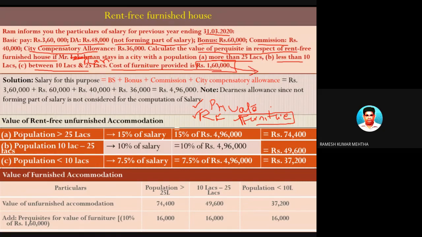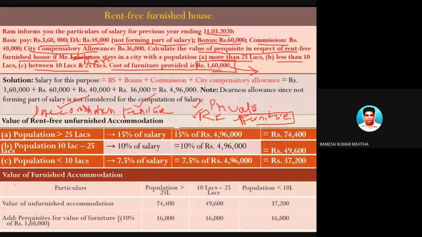So primarily there are two benefits the employee has: one is accommodation, and the second is furniture. You are supposed to find out the value of the perquisite in the form of accommodation and furniture.